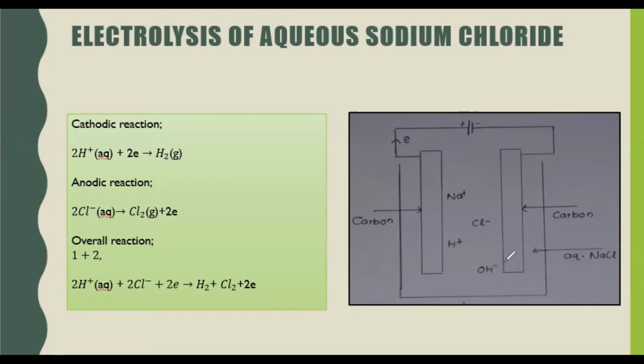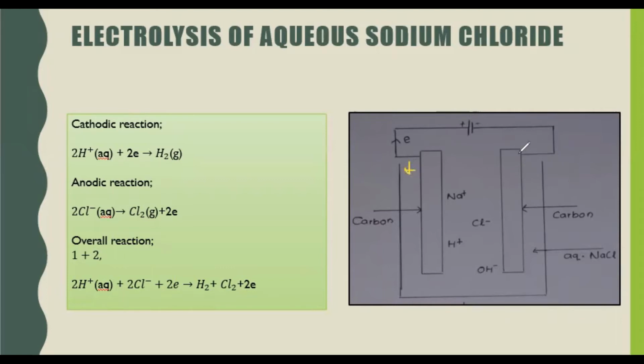Now here in this solution there are 4 ions and the 2 electrodes are there. So as I told you, our first step is we have to find out what is the positive electrode and what is the negative electrode. Now this electrode is connected to the positive terminal of the battery. So this will become the positive electrode.